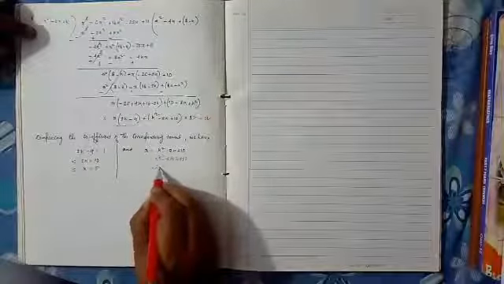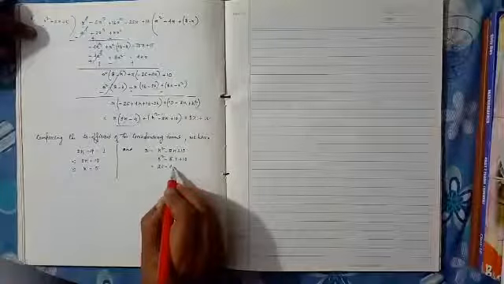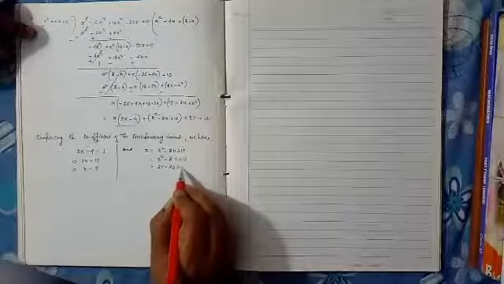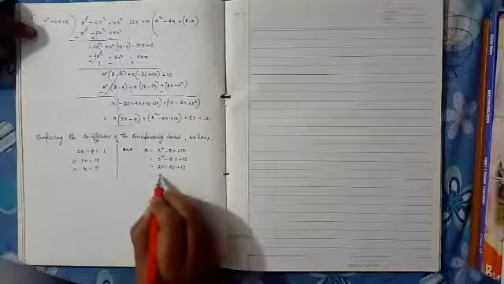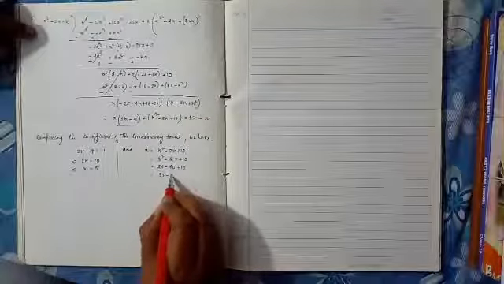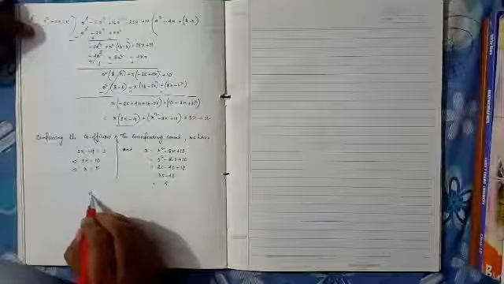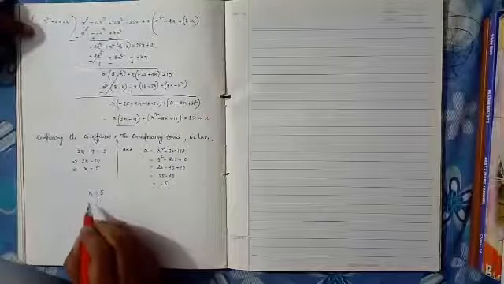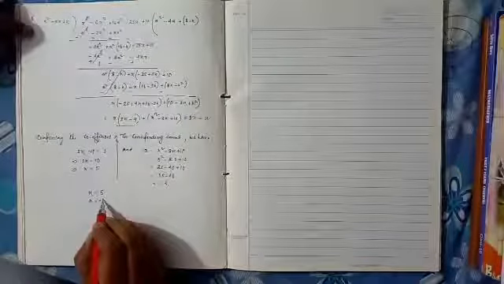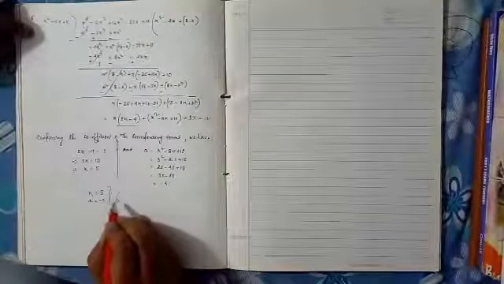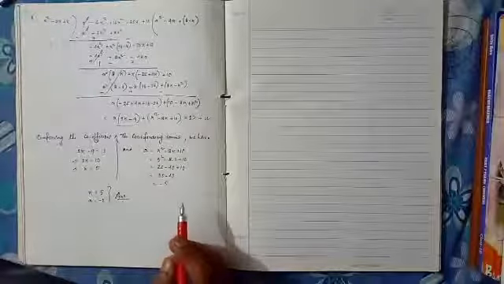So 25 minus 40 plus 10. So 35 minus 40, that is equal to minus 5. Therefore we have k is equal to 5 and a is equal to minus 5 as the values of k and a.